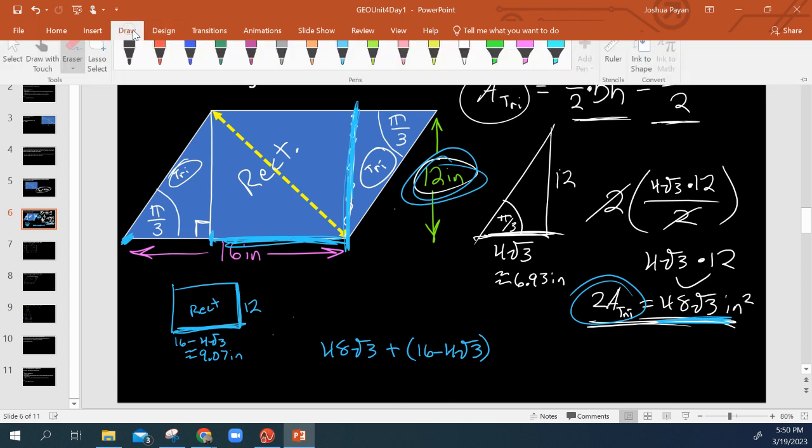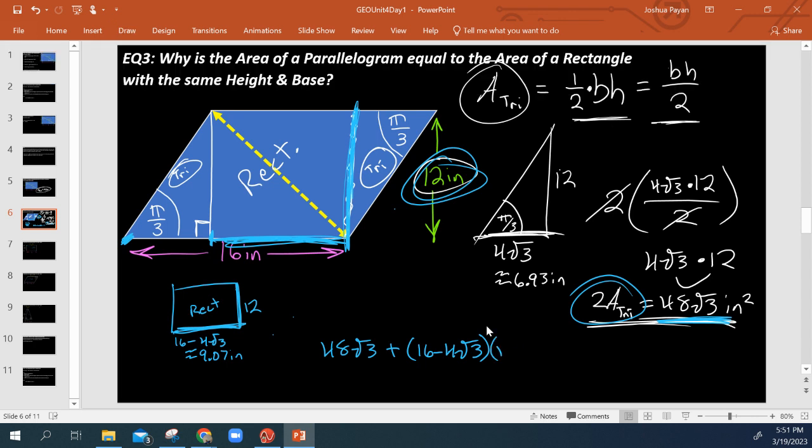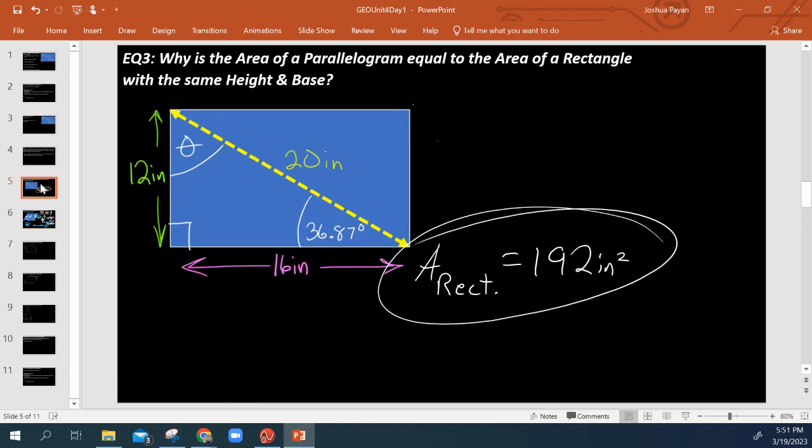That's just the length of the base, times 12. That will be precisely equal to 192 inches squared. So we get the exact same thing. So why have two different formulas? Why not just say the area of any parallelogram is base times height? That's why the formulas match.